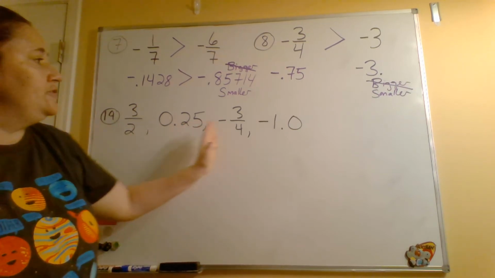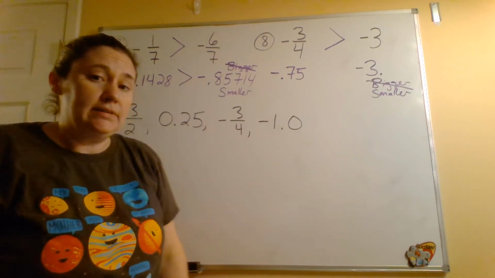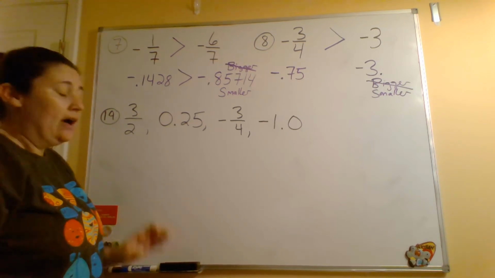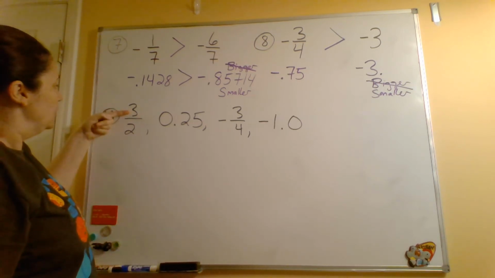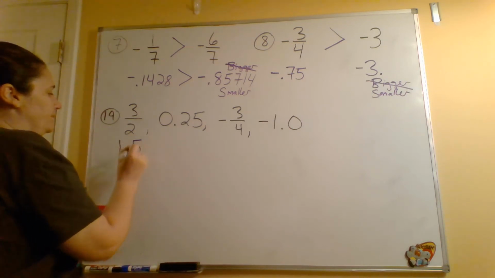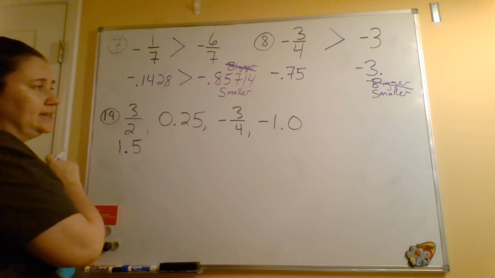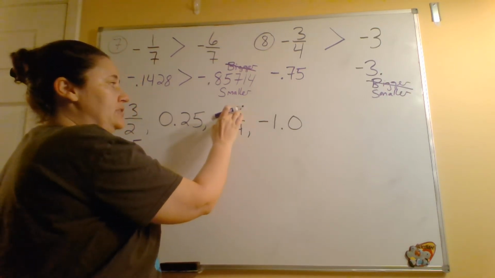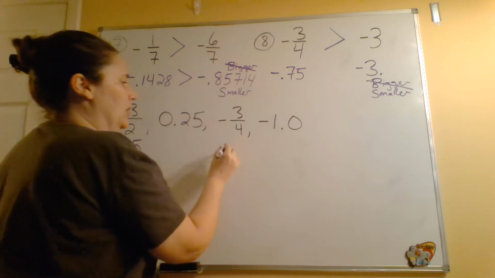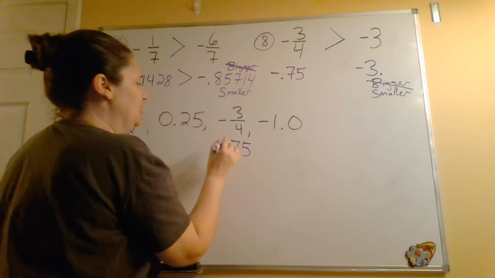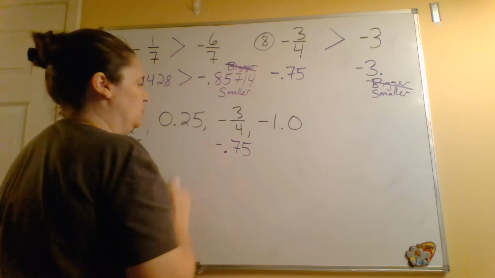Number 19, we have to put these in order from least to greatest. And to do that, I'm going to turn them all into decimals. In your calculator, if you divide 3 divided by 2, you get 1.5. This is already a decimal. This one, if you take 3 divided by 4, you get 0.75. And the fraction is negative, so is the decimal.